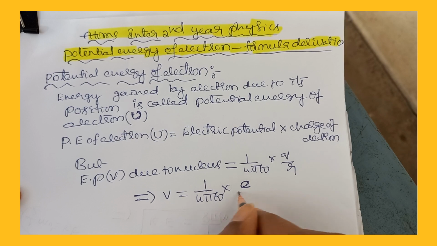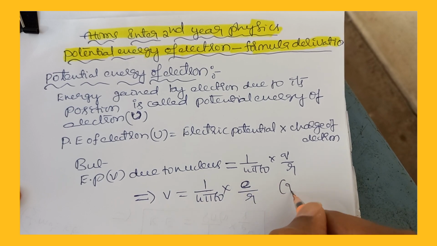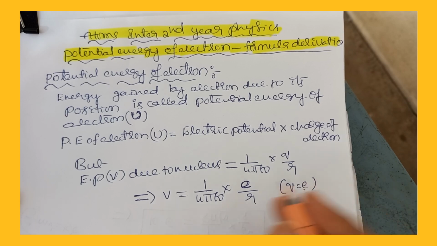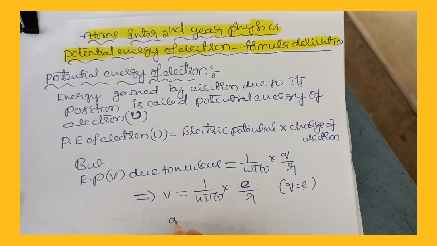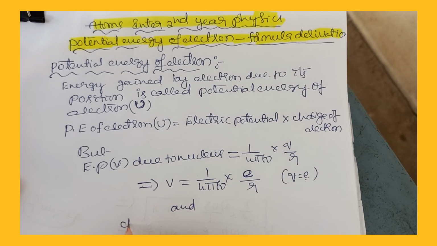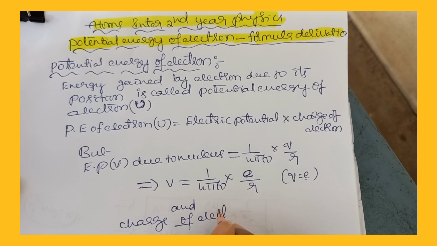So charge of the nucleus Q is E, which is the charge of nucleus, and charge of electron is negative. Charge of electron is negative, that is minus E.